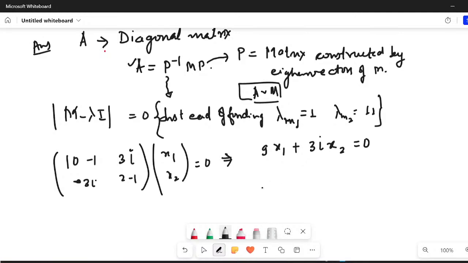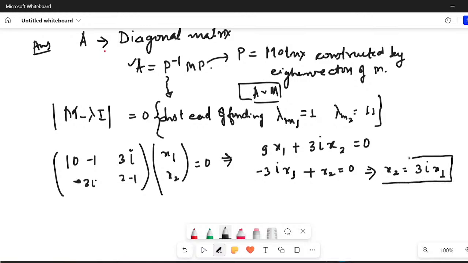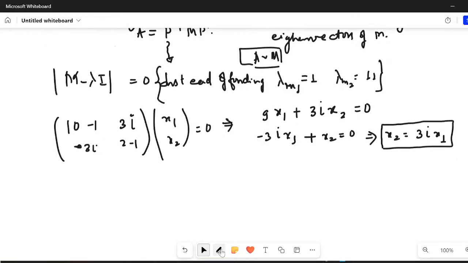I hope it is correct. And the other one would be minus 3 iota x1 plus x2 equal to 0. So from here also I can get that my x2 should be equal to 3 iota x1, and from here also the same. Because here I will be dividing by 3 iota and then I will be multiplying 3 iota 1 below. Okay, so this is 1.